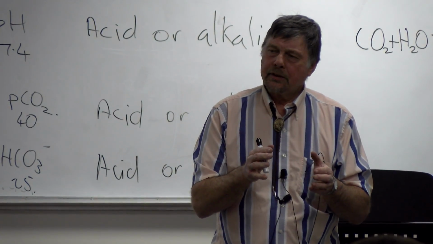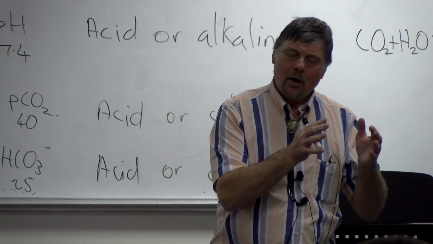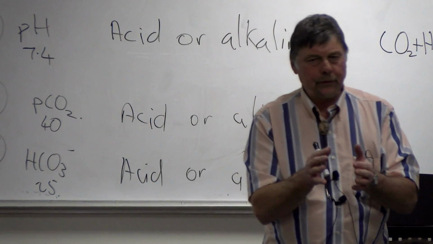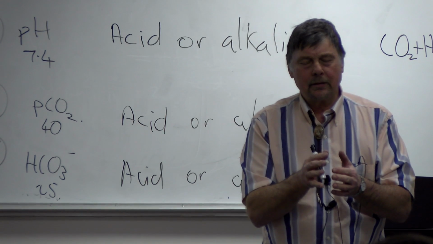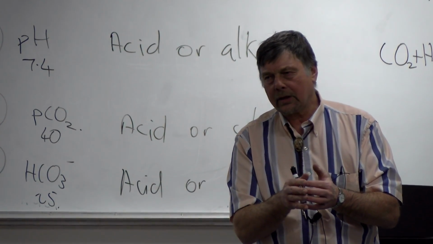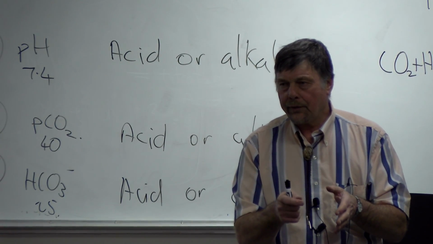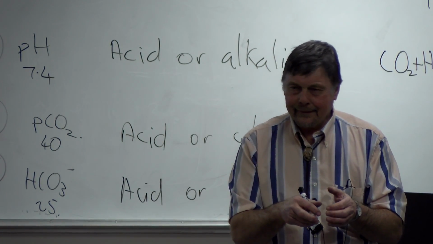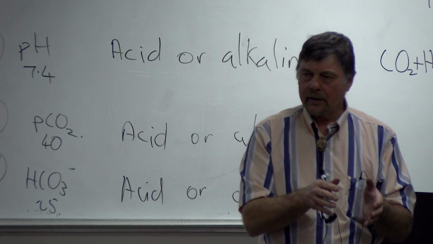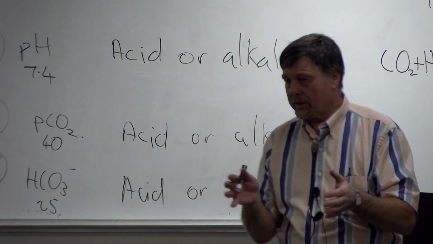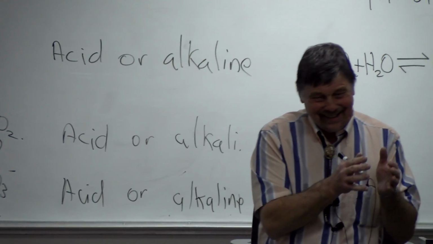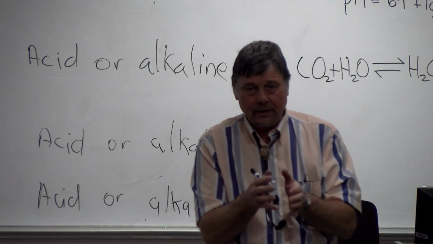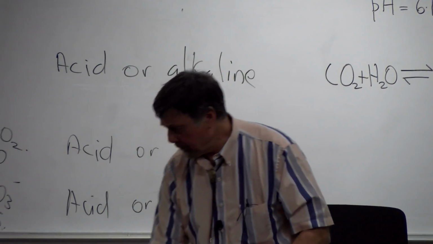So you kind of need to get them away from 7.0, and if you can pull them back to about 7.2, then the dangers of a cardiac arrhythmia go down. And so the conventional wisdom is, yeah, it may screw the patient up a little bit and cause a paradoxic shift, but if we do it slowly, we kind of need to get back to a pH of 7.2. And then the patient is relatively safe. Okay.